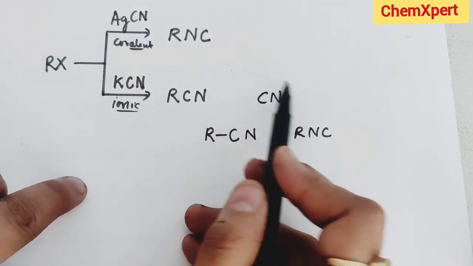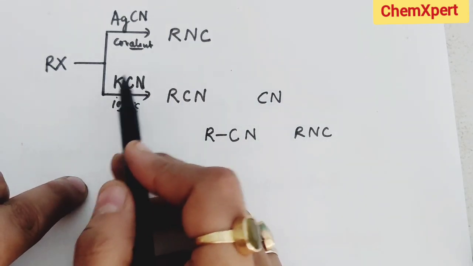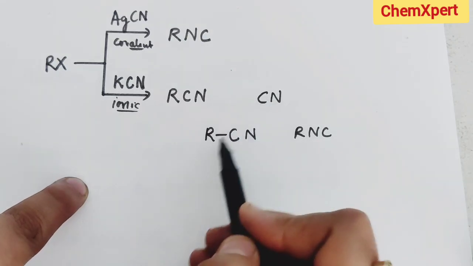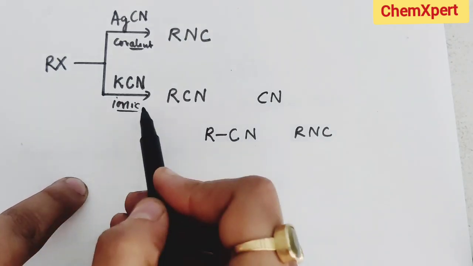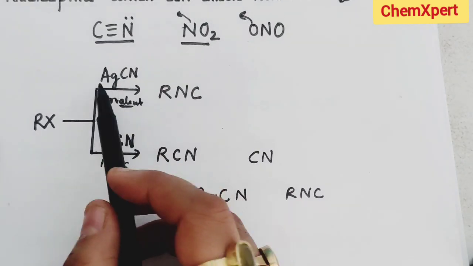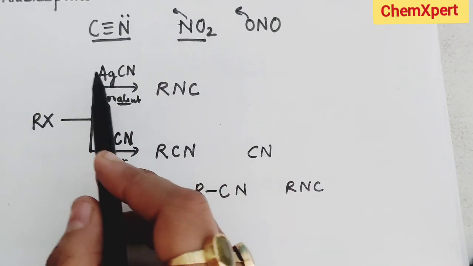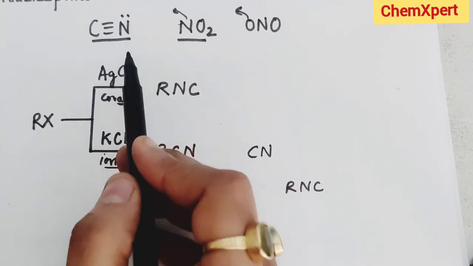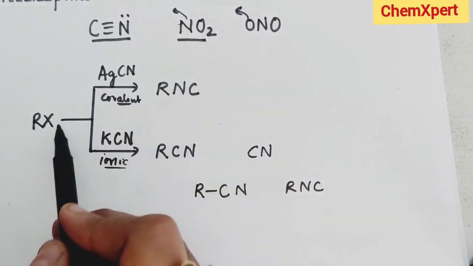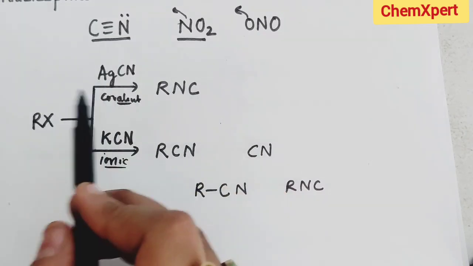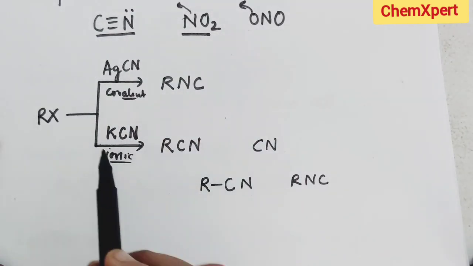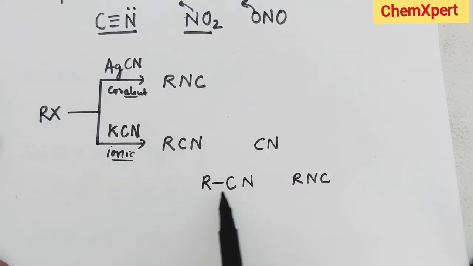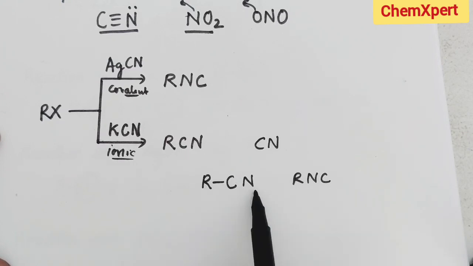It can attack from both sides, because this is an ionic compound, it easily dissociates to form the cyanide ion. Since the stable bond is formed by R-C, it forms the cyanide here. Now what happens in case of AgCN? It is covalent, so it is not easily ionized. So the attack from the lone pair side takes place, that is from the nitrogen, and it forms RNC. So what you have to learn is that KCN is ionic, so it easily dissociates, and the carbon bond is more stable than the N-C bond, hence it forms RCN.